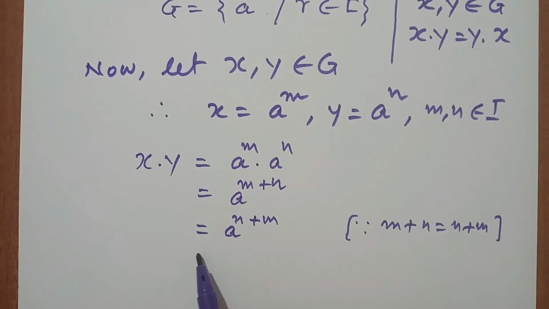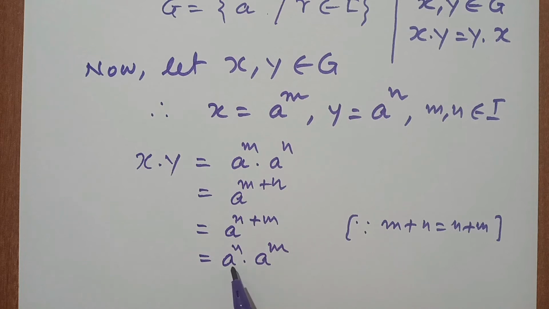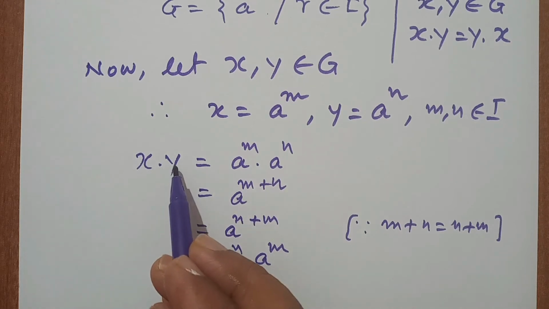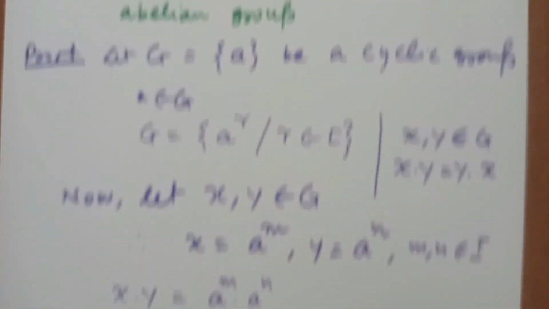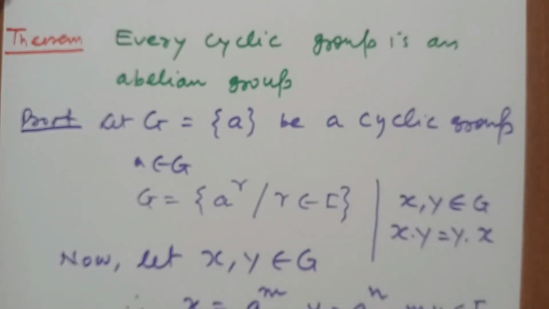This equals a^n · a^m, where a^n is nothing but y and a^m is x. It means x · y equals y · x. Therefore G is abelian. It means every cyclic group is an abelian group.